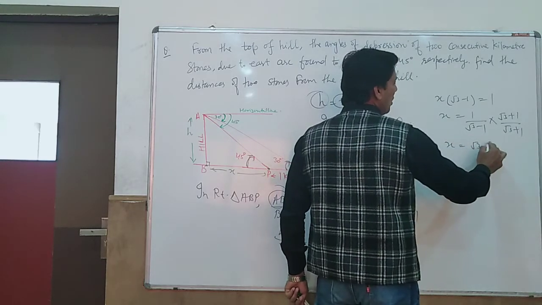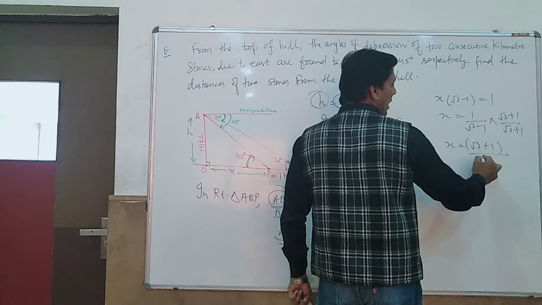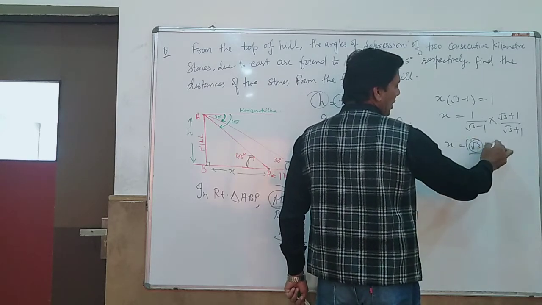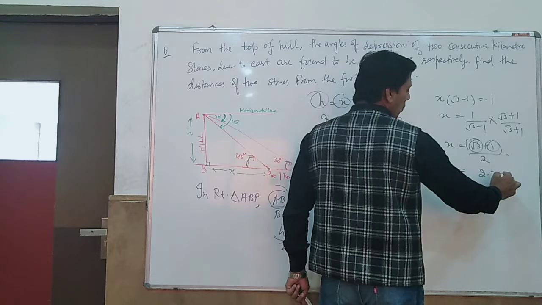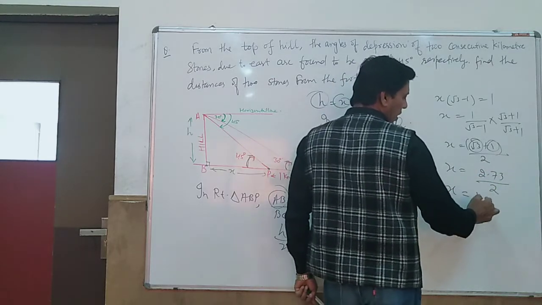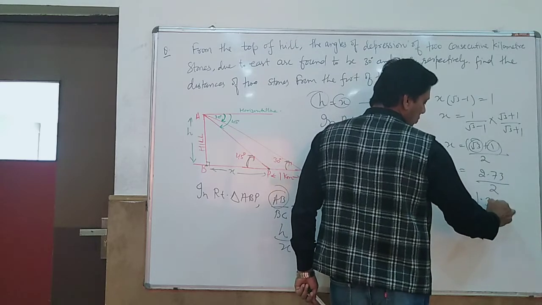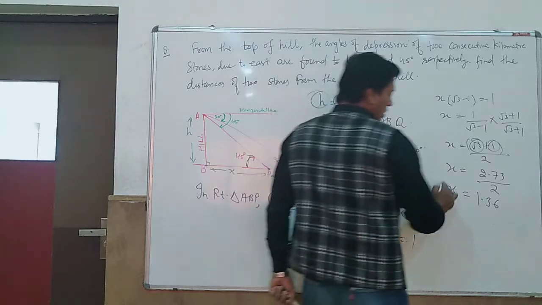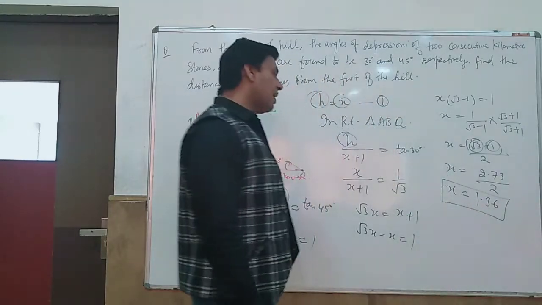So we will have root 3 plus 1 upon 2. So X is equal to 1.73 plus 1, you will get 2.73 upon 2. So you can calculate this up to 2 decimal places. So this is X in kilometers.